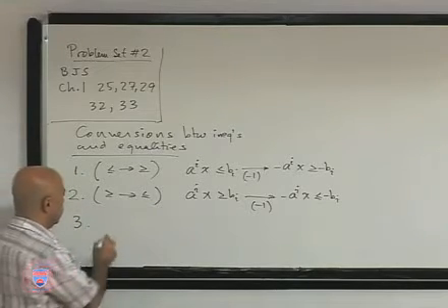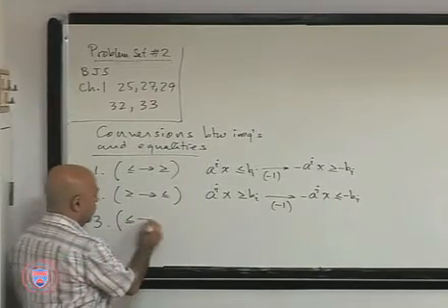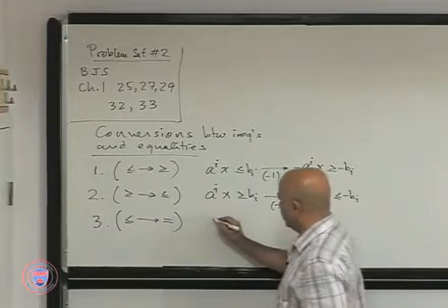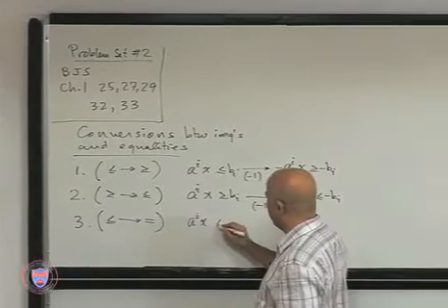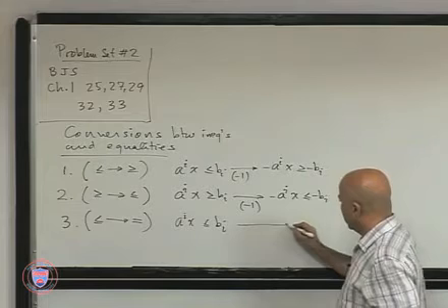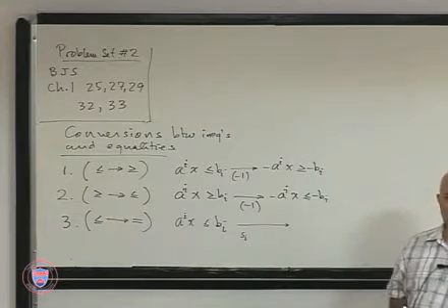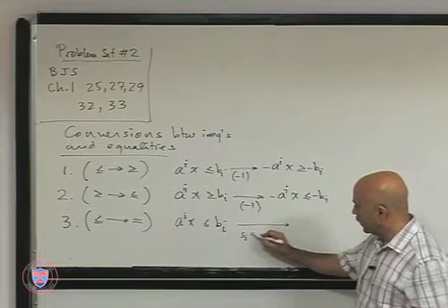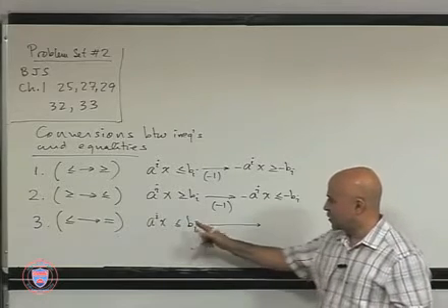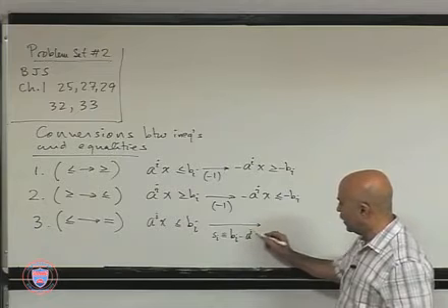Number three, we may wish to convert a less than or equal to type constraint into an equality type constraint. In this case, if you've got, for example, a_i x less than or equal to b_i as your ith constraint, all you have to do is define a new variable, let's just call it s_i. People refer to that as a slack variable. You define that, by definition, to be the difference of the larger side minus the smaller side. So in this case, it will be b_i minus a_i x.